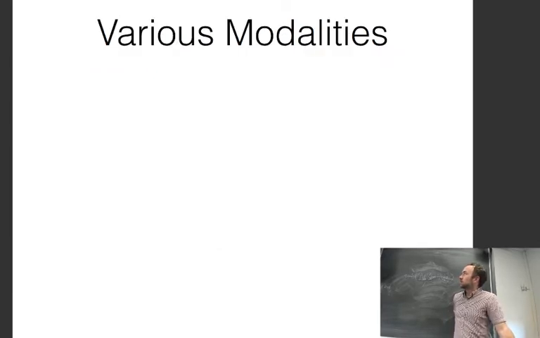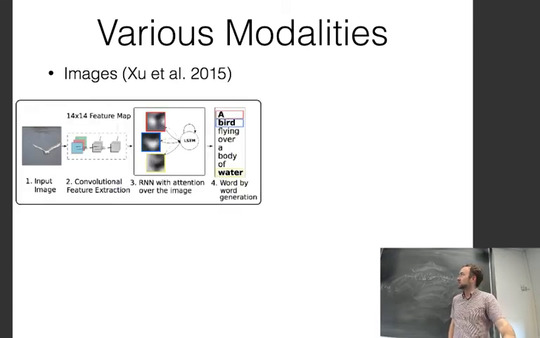So you can also attend to various modalities. It's very common to attend to other things. Images is one example. In fact, when you attend to images, you get these very beautiful heat maps over the image showing you which part of the image you're attending to.